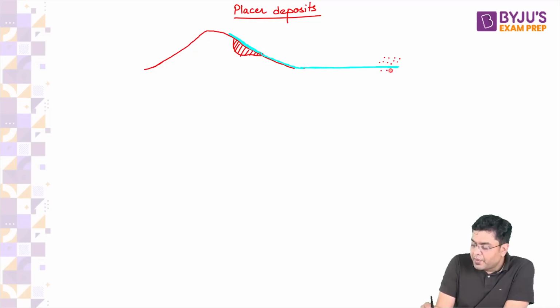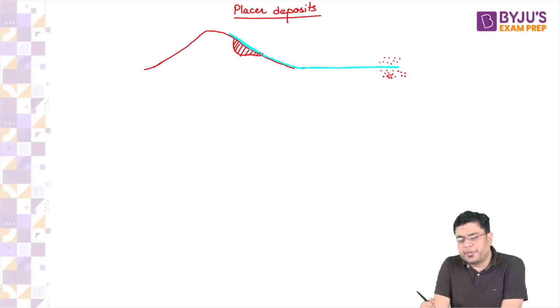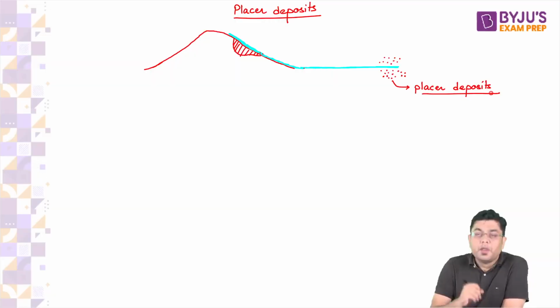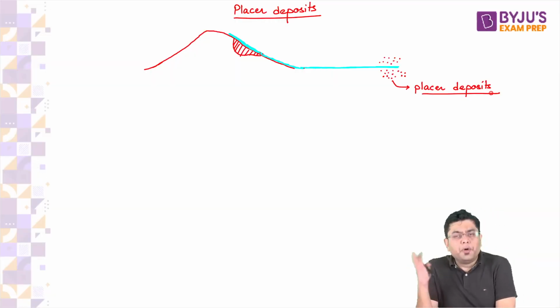So these deposits, which have been created a large distance away from their sources, are referred to as placers or placer deposits. They have been deposited some distance away.